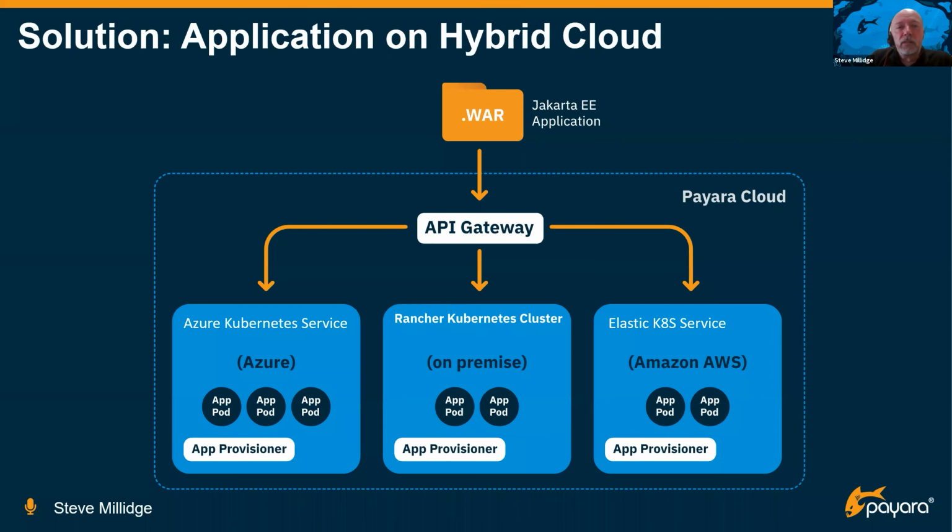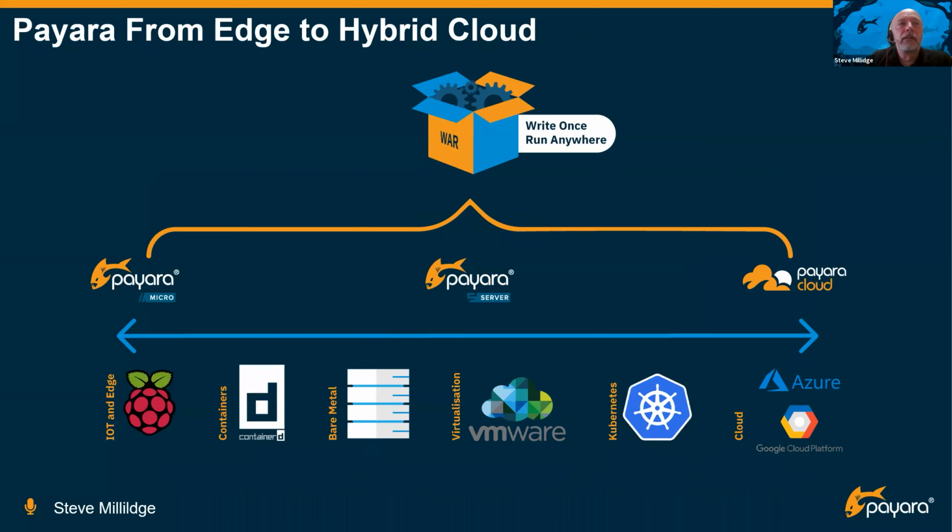Ultimately, we want to separate your application from the infrastructure, and provide a platform that can scale from edge servers right up through containers, bare metal, virtualization, Kubernetes, and onto cloud platforms, and allow you to take your application and run it anywhere.